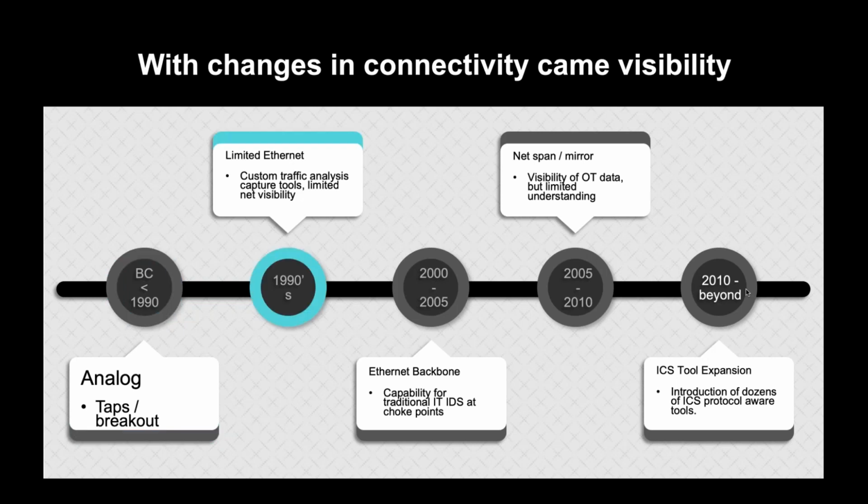As we moved into the 90s with the limited Ethernet and some proprietary protocols being utilized, along with them came proprietary tools, with some very large, heavy boxes that would get brought into an environment to get connected in with special connectors, special software, and have some visibility into that communication path. And again, point in time, on site, and only used from a troubleshooting perspective.